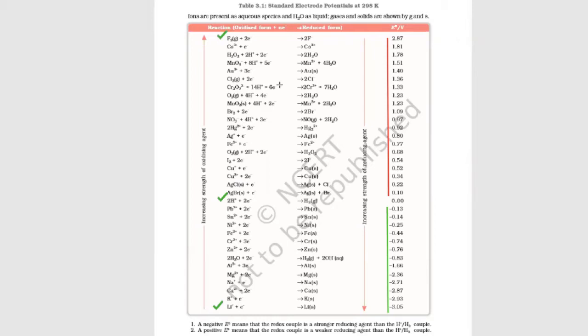The reactions involving them are given here only, and you can see here the order in which they oxidize or reduce, that is also given, isn't it? The oxidizing and reducing power is also given there.